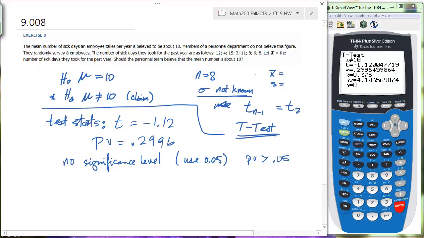And with a large p-value like this, anything that's bigger than, you know, 0.1 or something like that is considered a large p-value. So that means there's nothing out of the ordinary there, and we're not able to reject the null hypothesis. So we can make that conclusion.